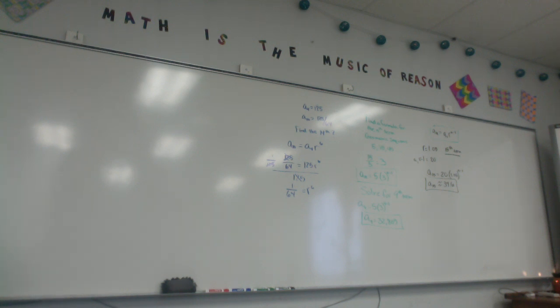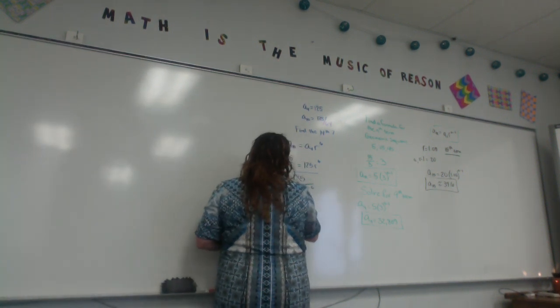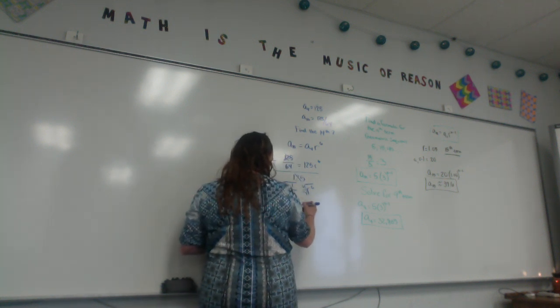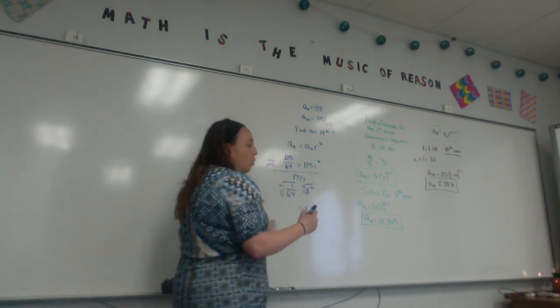What do I have to do from there to get r by itself to find the ratio? How do you get rid of a power? Not the square. What power is this? The 6th root. What's the 6th root of 1? 1.